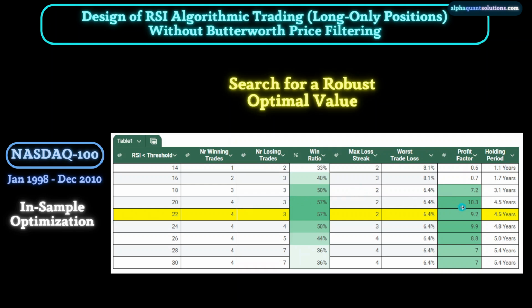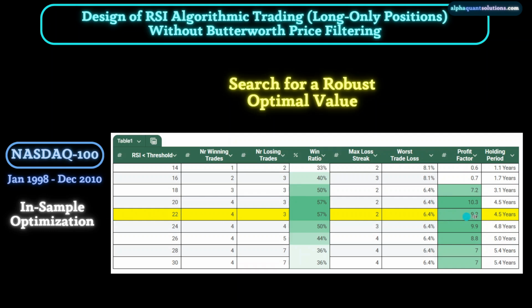And what do we see? We see that actually, if you were to choose an RSI threshold below 20, this delivers the higher profit factor, 10.3. But this is not necessarily the most robust value, because we see that one step away, it already drops to 7.2 with a threshold of 18. And one step further at 22, it's still high.